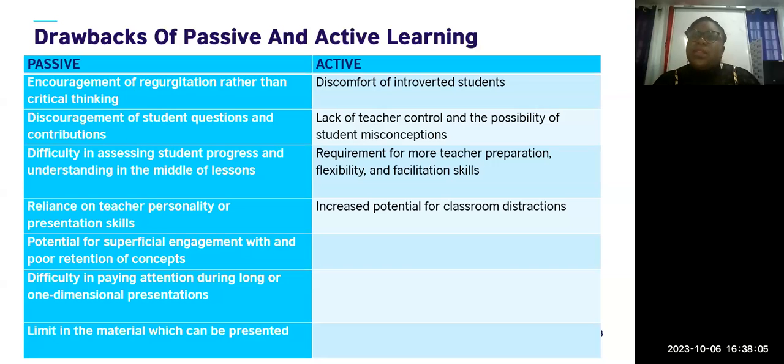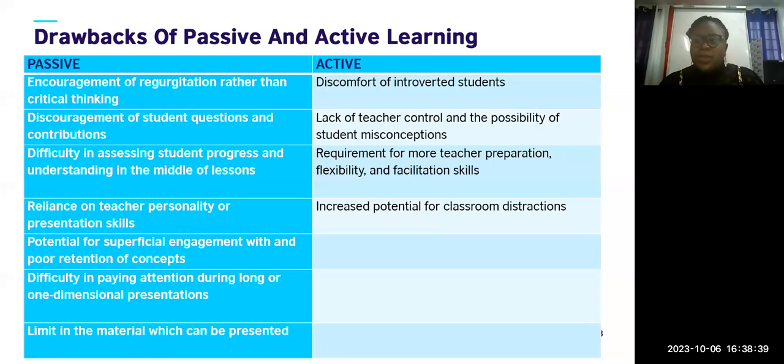Another disadvantage is that the teacher may sometimes lose control over the learners because they get so active. The class may go overboard, and to get them back into the lesson may be a little bit worrisome. So the fact that a teacher needs to be more flexible and more prepared may put a lot of pressure on the teacher. And also, another drawback is that too much talking may get us out of our lesson.